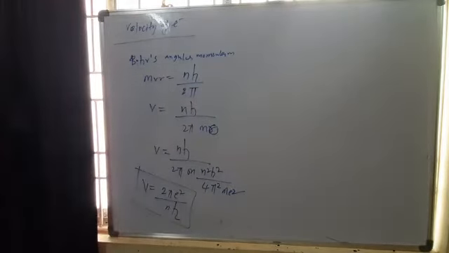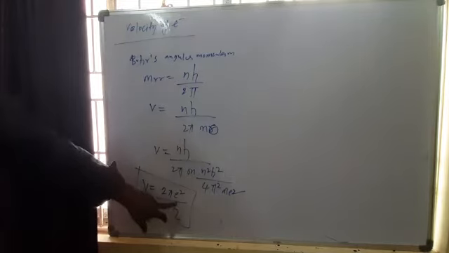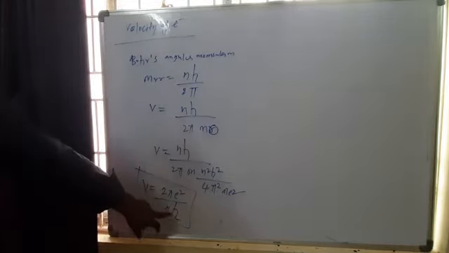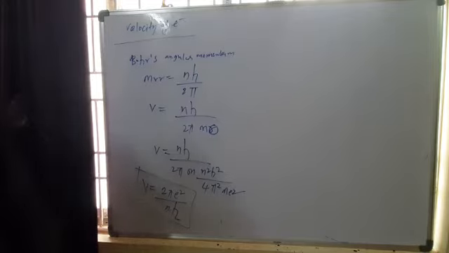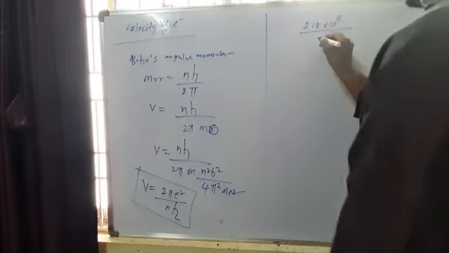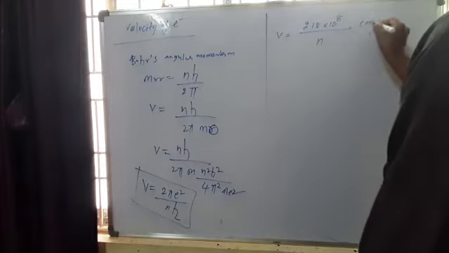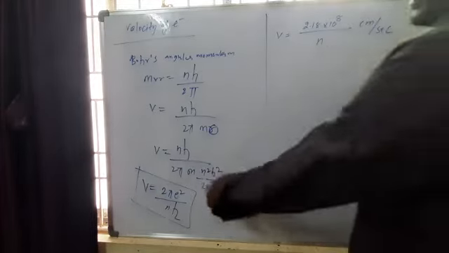This is the velocity of an electron in an orbit. Pi, e, and h are constants. If you substitute all the values in CGS units, you will get velocity equals 2.18 into 10 power 8 by n centimeters per second.